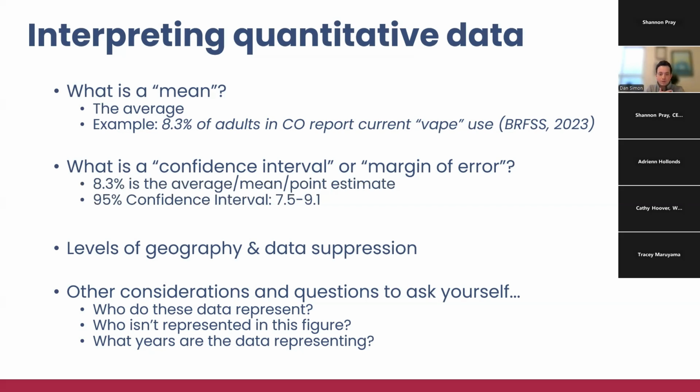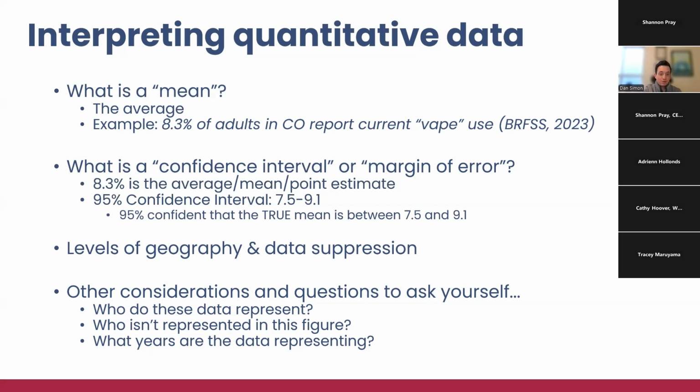And so the confidence interval allows us to say that we're 95% certain that the true mean, or the reality if we had talked to every single person in Colorado, would fall somewhere between 7.5 and 9.1%. So we feel good about the mean, 8.3% for vape use among adults.